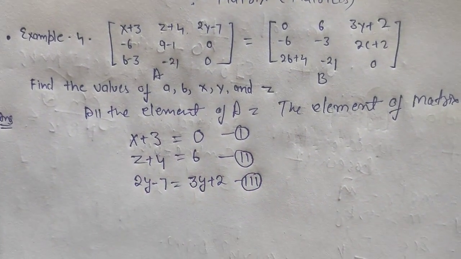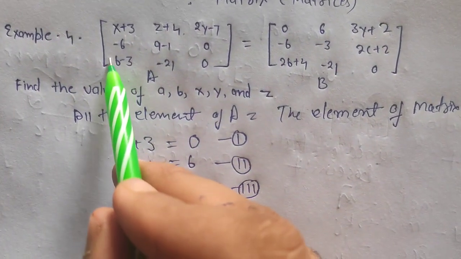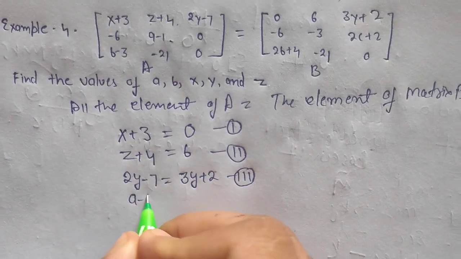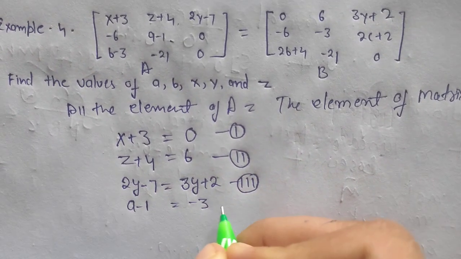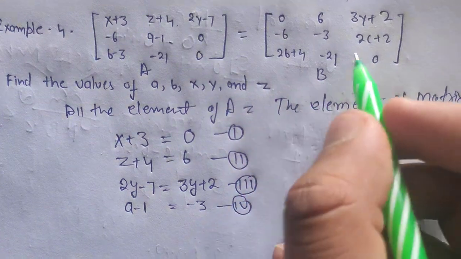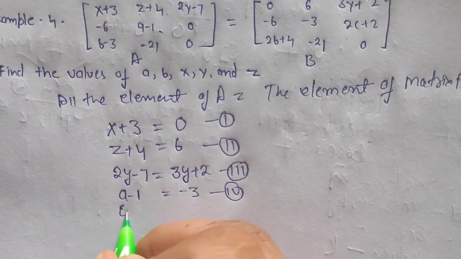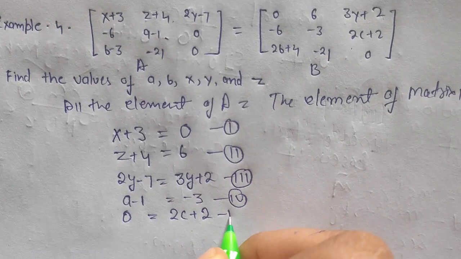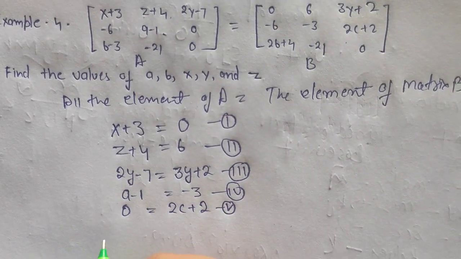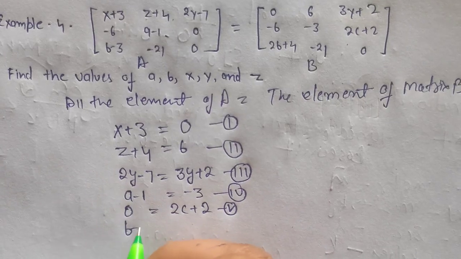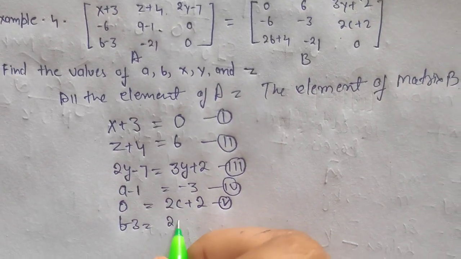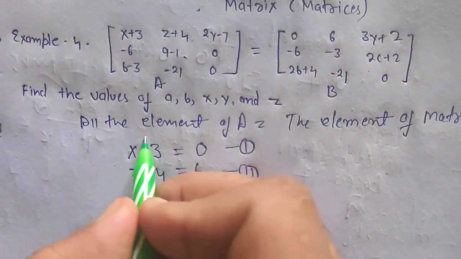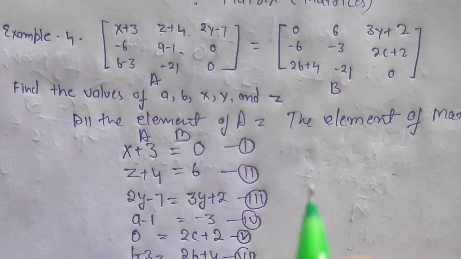Similarly, for the second row, a minus 1 is equal to minus 3, equation number 4, and 0 is equal to 2c plus 2, equation 5. And for equation 6, b minus 3 is equal to 2b plus 4.